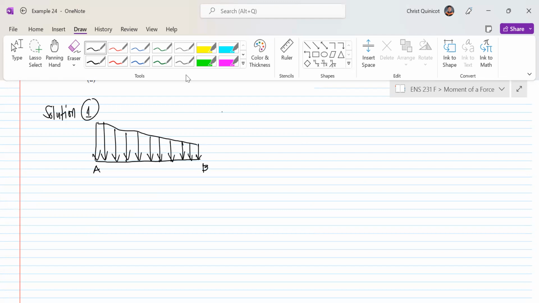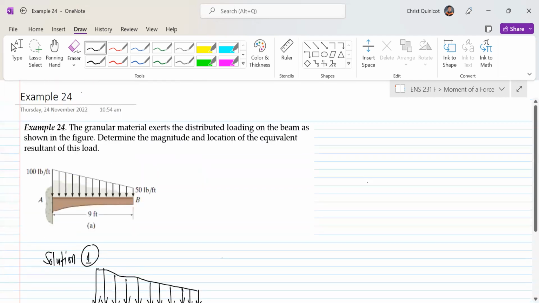What we had so far was triangular, right? It would be easier if our complicated distributed loading could be expressed as a rectangular loading and a triangular loading. But if you can observe, this is 100, right?